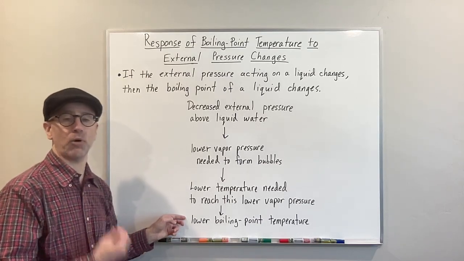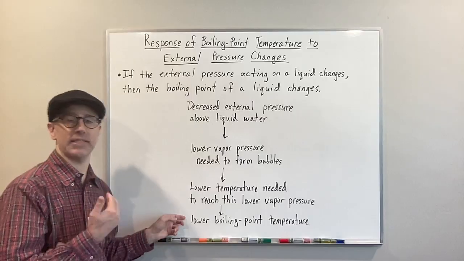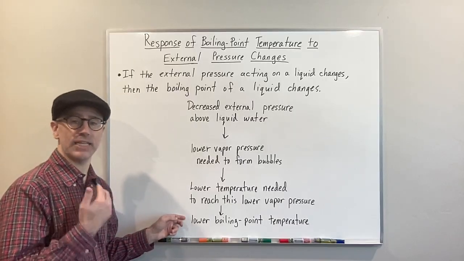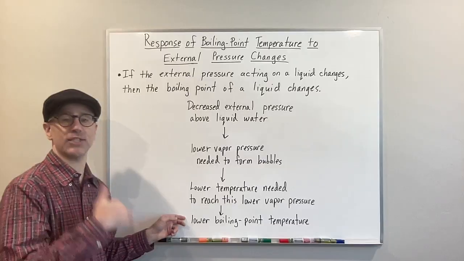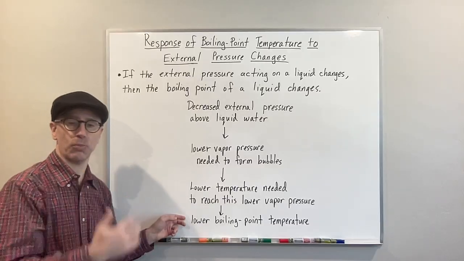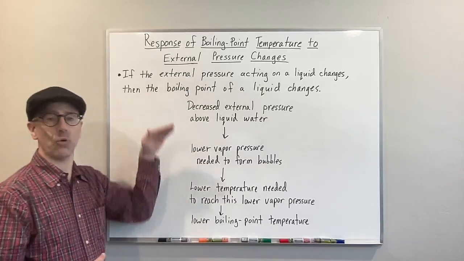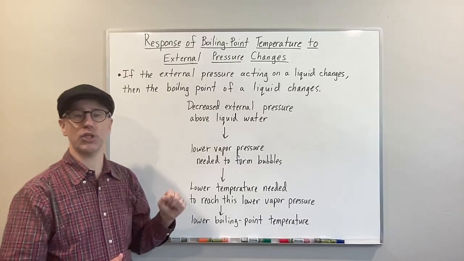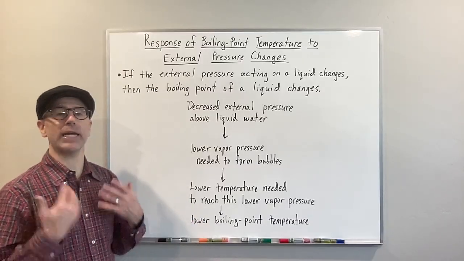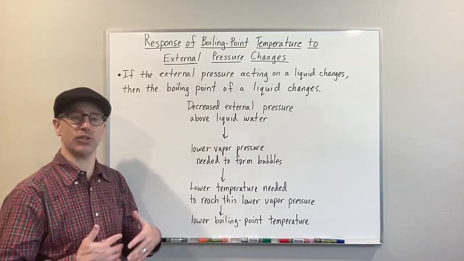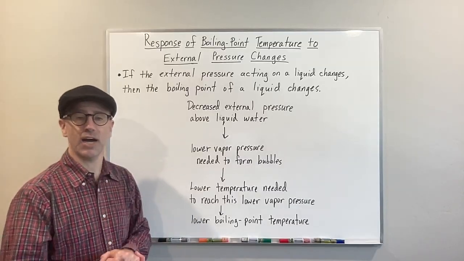The lower boiling point is the temperature you need to get to the vapor pressure that equals the external pressure. So lowering the external pressure will decrease the boiling point. If you increase the external pressure, then you increase the boiling point.